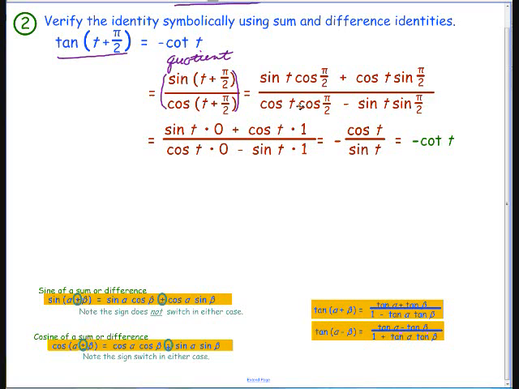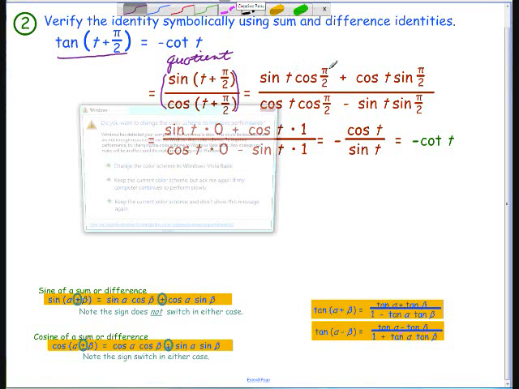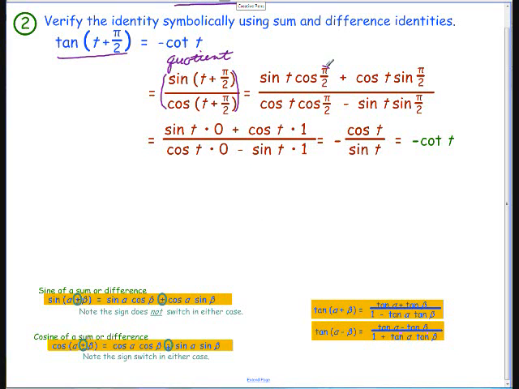So cosine t times cosine pi over 2 minus the two sines. And we know we have a value we can put in for this, for this, for this, and for this.